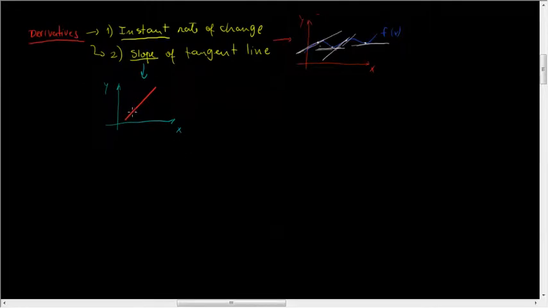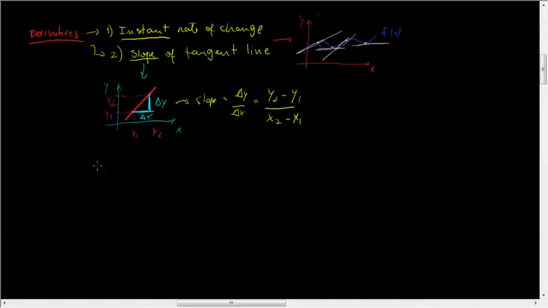Well, you basically pick any 2 points of this line, x1, x2, y1, y2, and we know that this delta y, so the change in y divided by the change in x, equals the slope. So slope is delta y divided by delta x, y2 minus y1 divided by x2 minus x1.